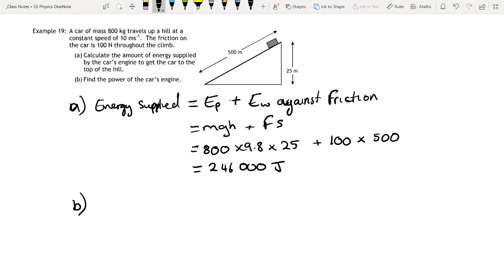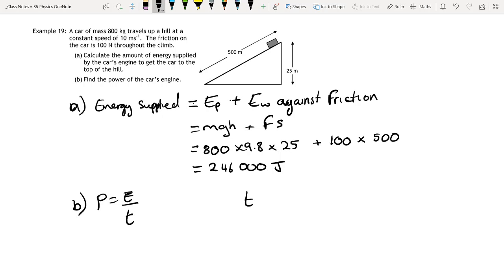Part B says find the power of the car's engine. So power is energy over time. We've got the energy, we don't have the time. We do, so what we do know is it's travelling at a constant speed of 10 meters per second. And we also know that it has travelled 500 meters.